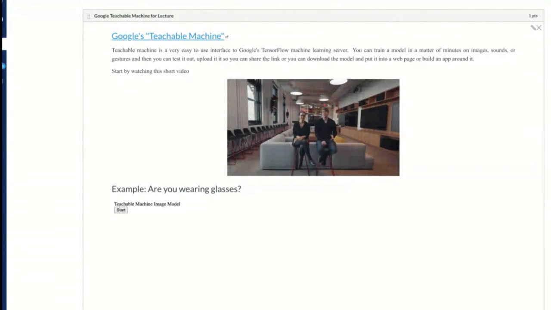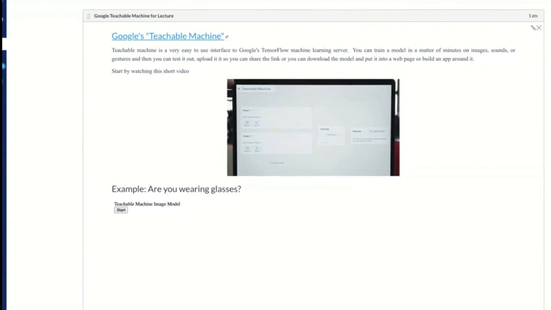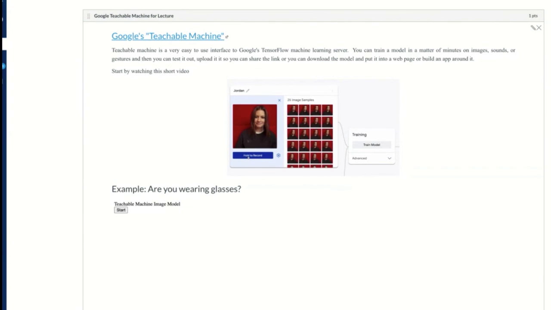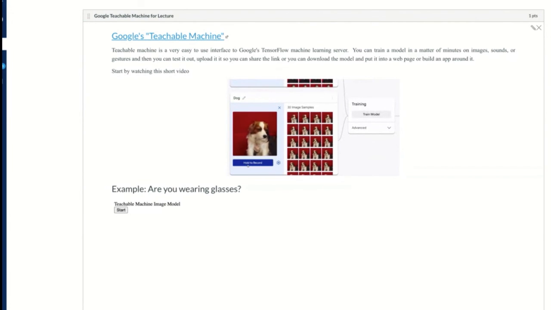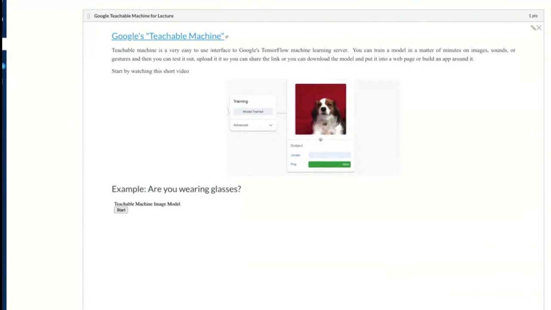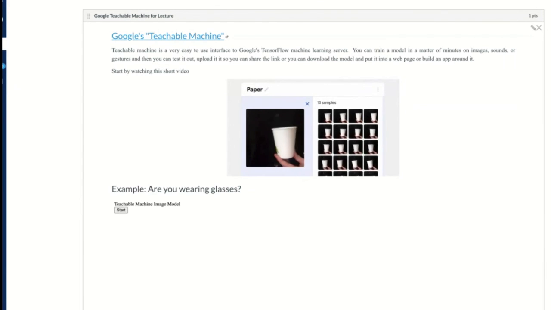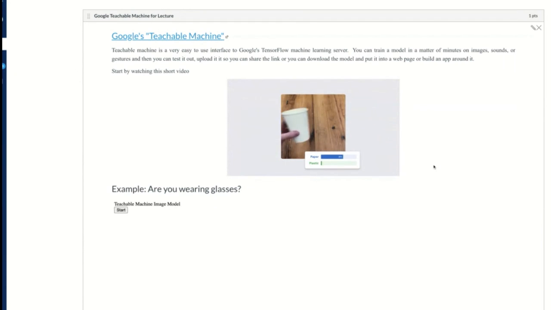So let's say you want to build a model to recognize you versus your dog. You just open up the site, record samples of you and samples of your dog. Click train, and you instantly have your own machine learning model, which you can use in your sites, apps, and more. You can upload your model to host it online, or download it to work entirely on device. With Teachable Machine, you can create custom models for all sorts of things.